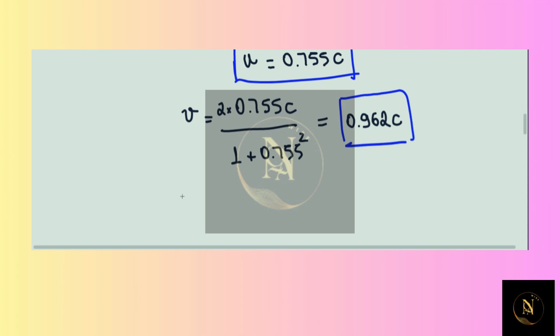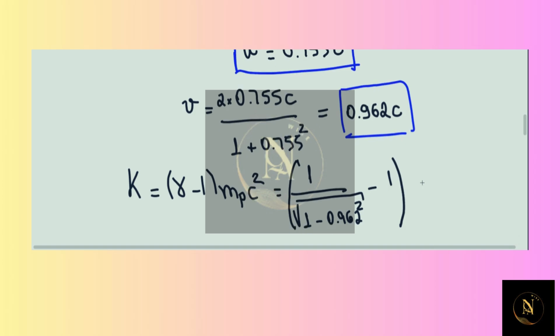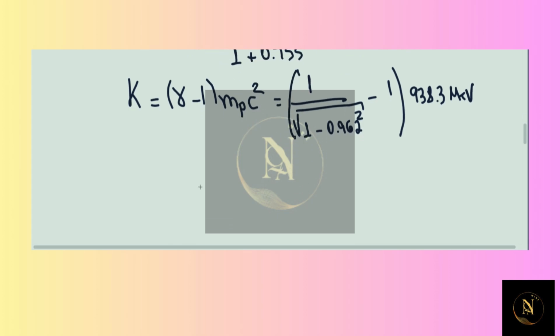Now we're in a position to calculate the kinetic energy. That's gamma minus 1 times the mass of the proton, c squared. Gamma is 1 over the square root of 1 minus V squared over c squared, minus 1, times m, the mass of the proton, that is 938.3 megaelectron volts per c squared, then multiplied by c squared, and the c squared cancels out.